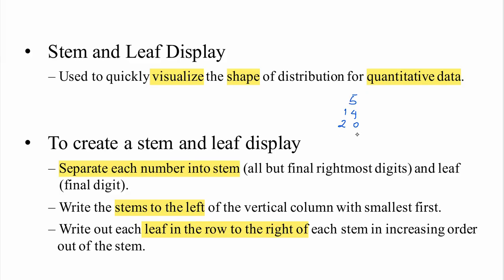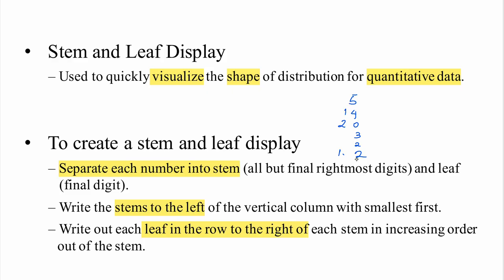Somebody did 3 hours, 2 hours, maybe 12 hours. But let's work with these numbers. So how do I create a stem and leaf display for these numbers? We are looking at a quantitative variable, hours of study in a week. And these are the numbers recorded: 5, 14, 23, 2, and 12.